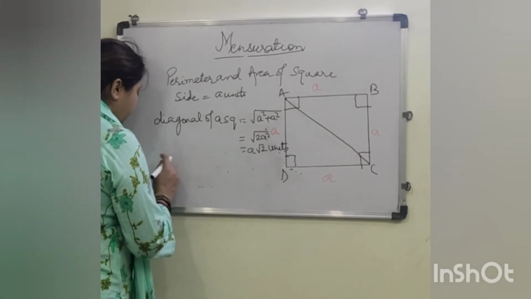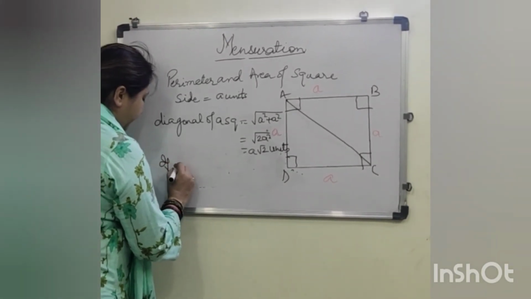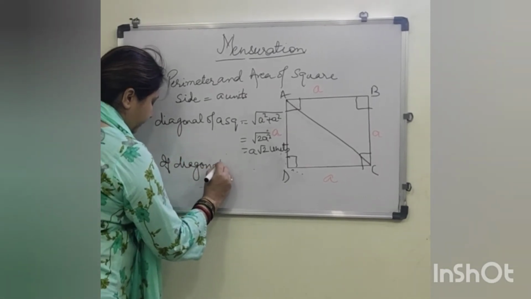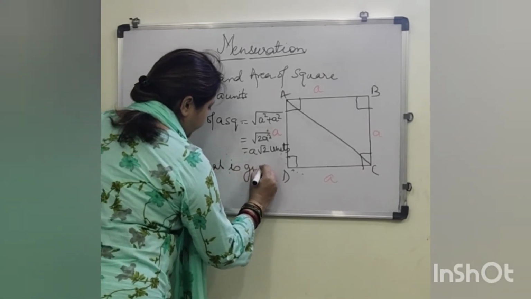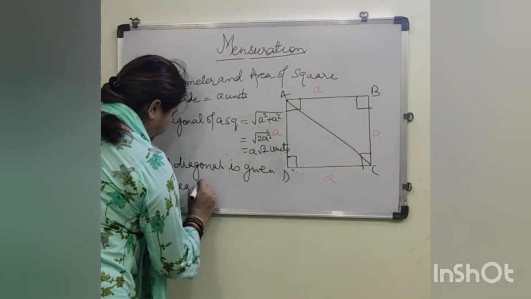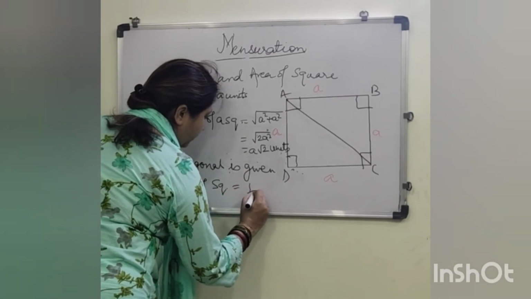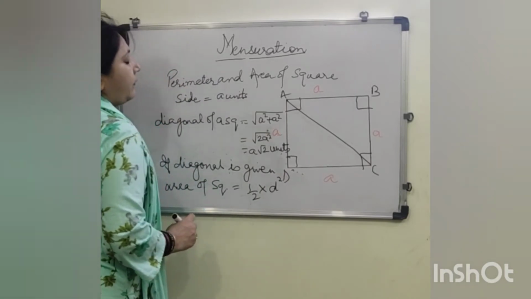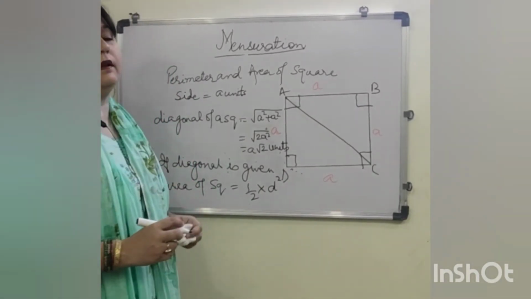Now again we have, if diagonal is given, then area of square is equal to 1 by 2 into diagonal square.